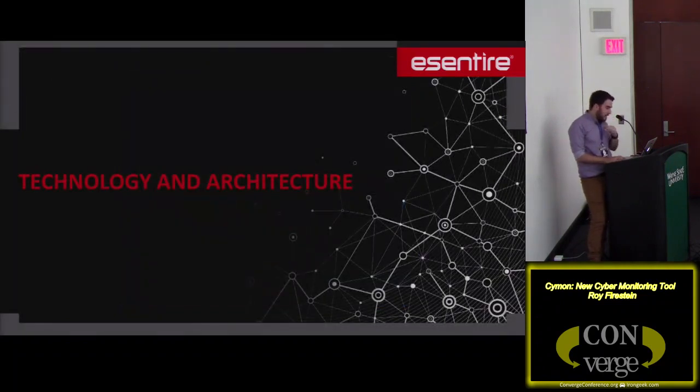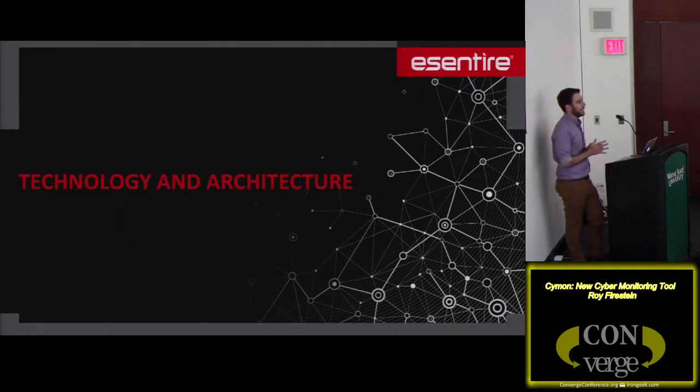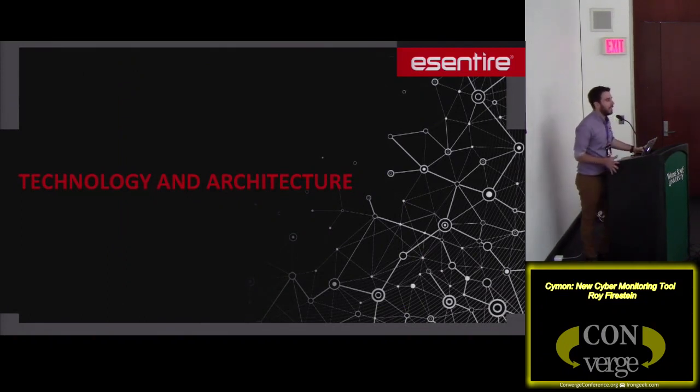Now here comes the fun part. Cymon is a cloud-enabled application. It's a bit more than an application, but the idea is that if I'm going to have 1,000 people or even 100,000 people signing up on Cymon, putting their domains, or if I'm going to add 1,000 different sources of data to ingest from, I want the tool to scale easily with minimum interaction on my part.